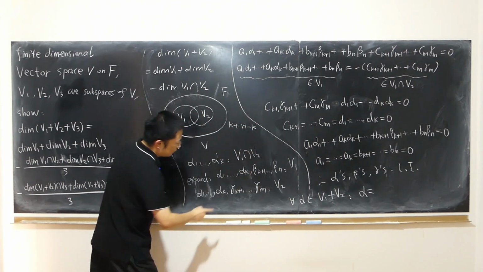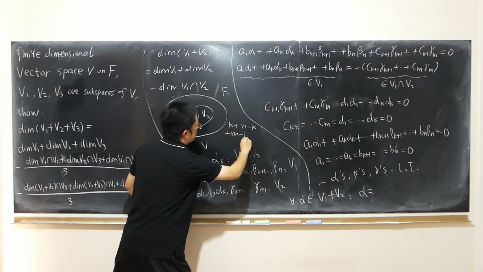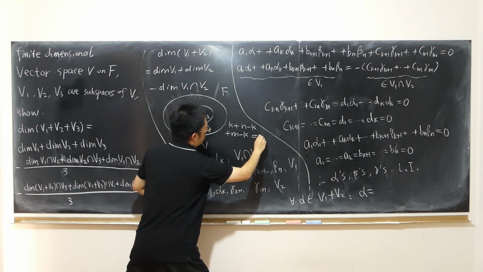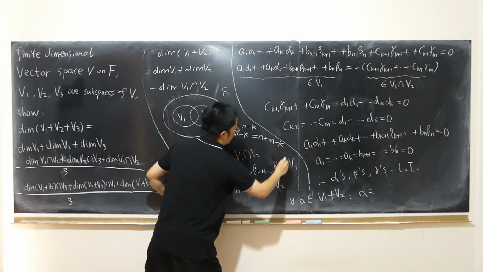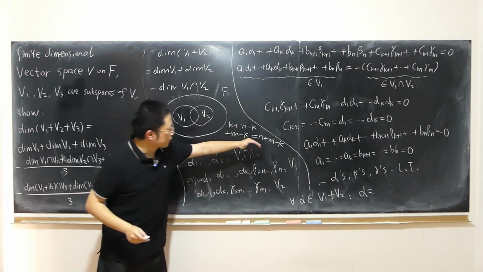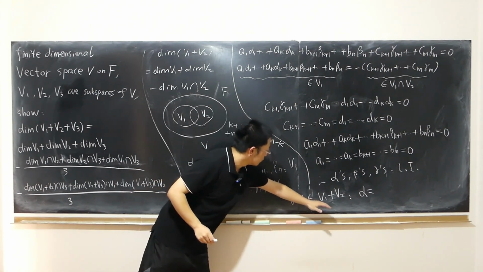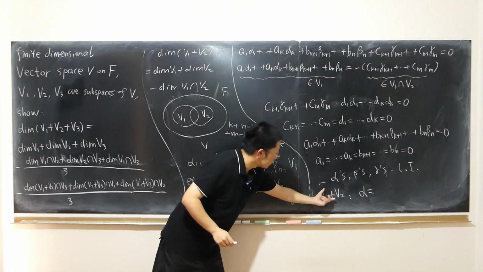How many gammas? M minus k. Together, k plus n minus k plus m minus k. This is the number of vectors of the basis of V1 plus V2. So that's the dimension of V1 plus V2.